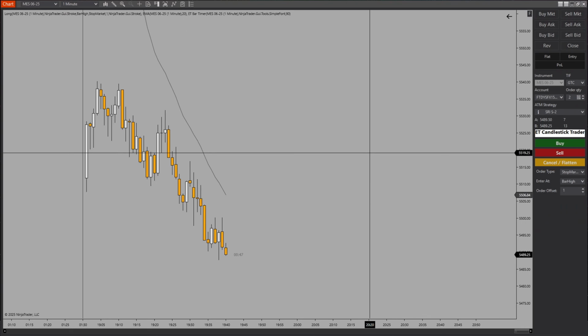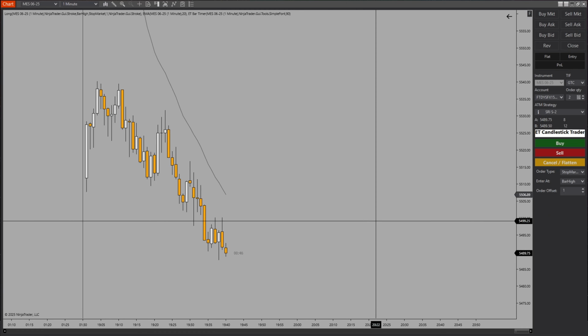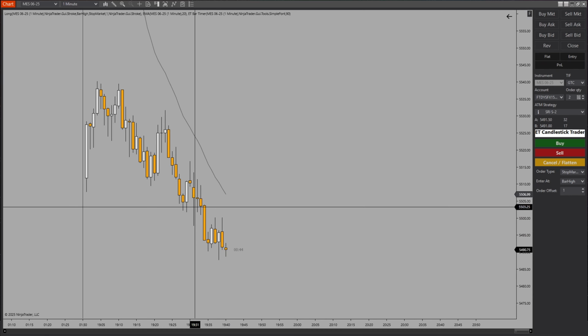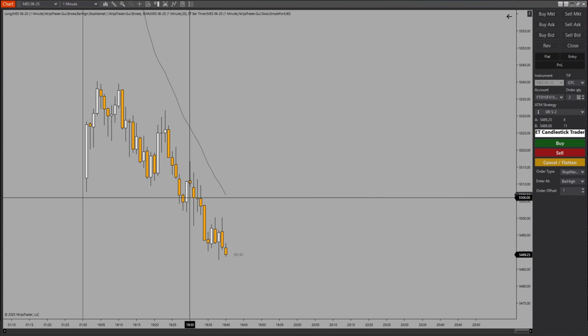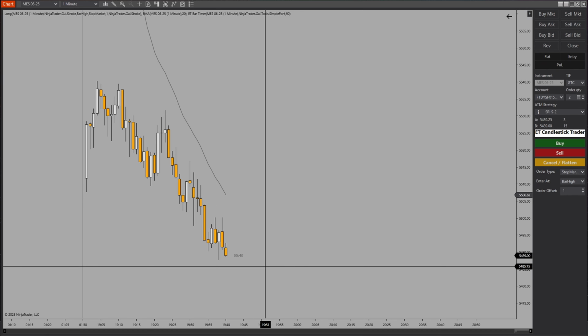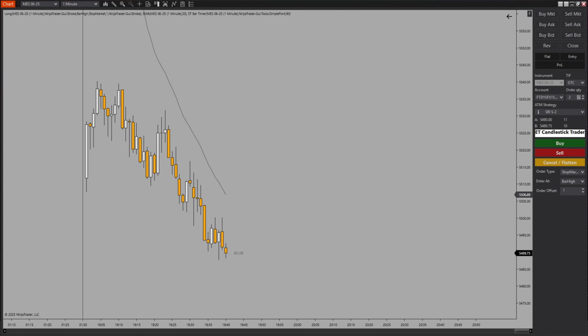Yeah, it is clear. And if you see now, it's going lower, but it's behaving like a trading range. Now it's visible.